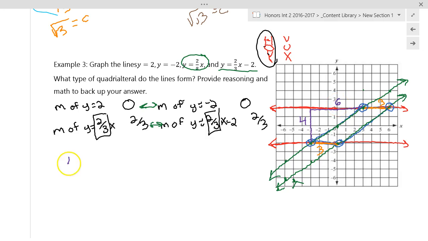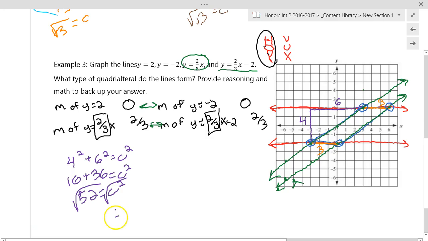So I'm going to find that distance by doing 4 squared plus 6 squared equals c squared. 16 plus 36 equals c squared. That's 52 equals c squared. The square root gives c equals 7.2.